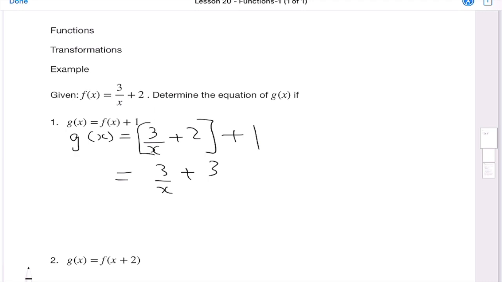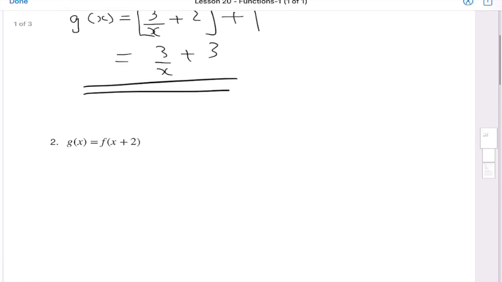You will notice in this case, it looks like f of x must be shifted 1 unit vertically in order to give you g of x. So if you were to describe g of x in words, you would say g of x is a vertical shift of f of x by 1 unit, and that would be enough.